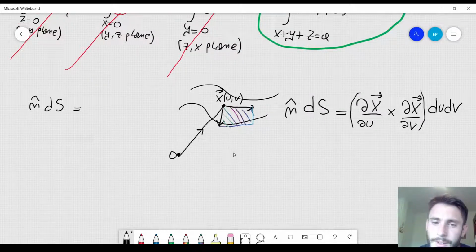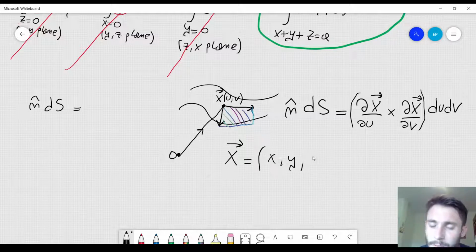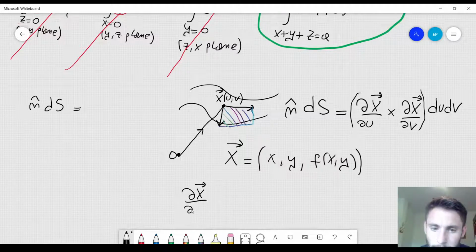In our case, we can write down the vector x as given by three components. In Cartesian coordinates it is just x, y, z, and z is a function of x and y, so we can rewrite it as f of x, y. I want to do it like this. So dx/du is equal to dx/dx.